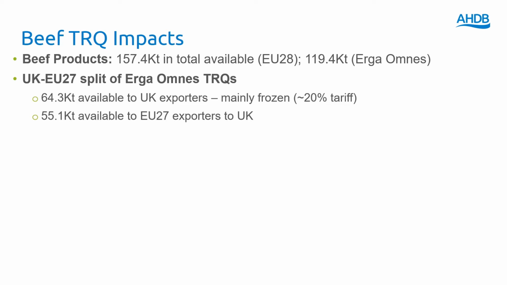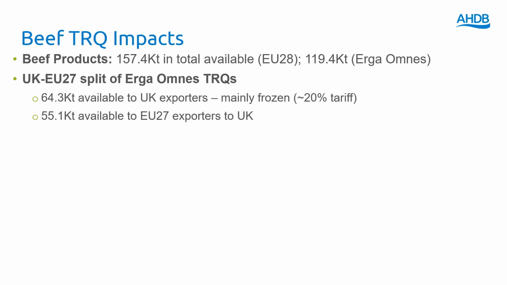And it mainly relates to frozen product, because there are specifications around those TRQs that need to be adhered to. And on the other side of that, there would be about 55,000 tonnes available for EU27 exporters going into the UK market as well. Again, subject to similar types of specifications around frozen product, for example.